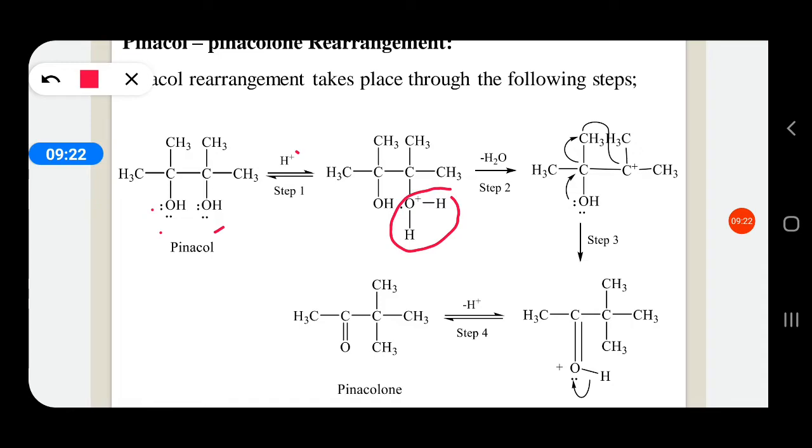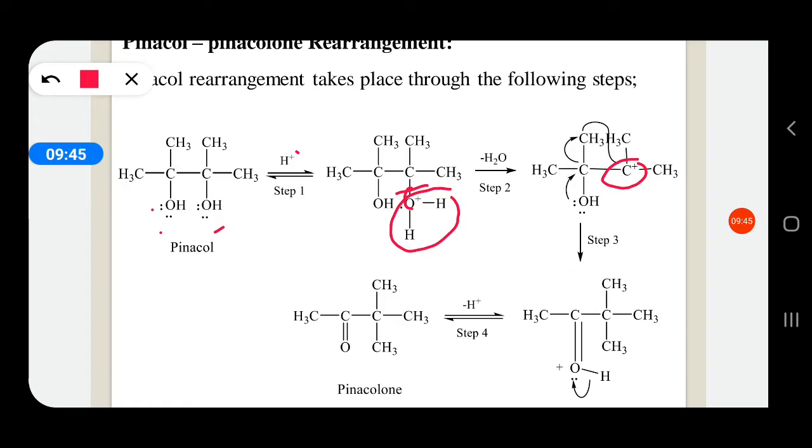In the second step, the carbon-oxygen bond electrons are given to oxygen. Therefore, the bond is cleaved and a water molecule, H2O, is removed. For that, this carbon loses electrons, so it becomes a carbocation, C+.